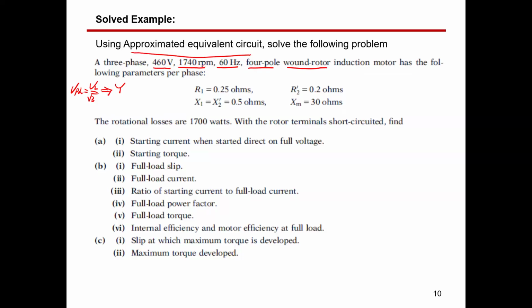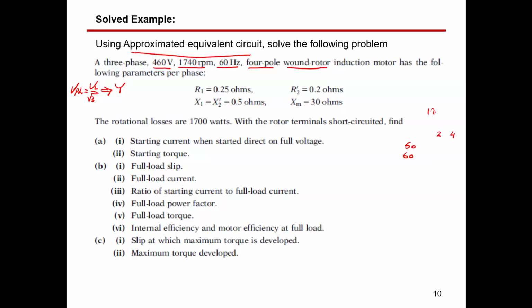1740 RPM. What is the 1740 RPM? You know that 1740 is impossible to be a synchronous speed because synchronous speed has definite numbers. Frequencies of our systems in the world are either 50 hertz or 60 hertz. And the number of poles is going to be 2 poles, 4 poles, 6 poles, and so on.